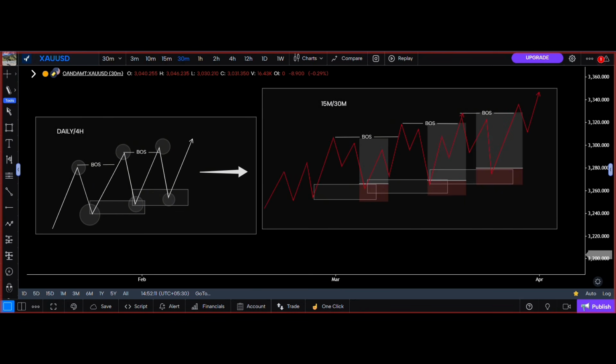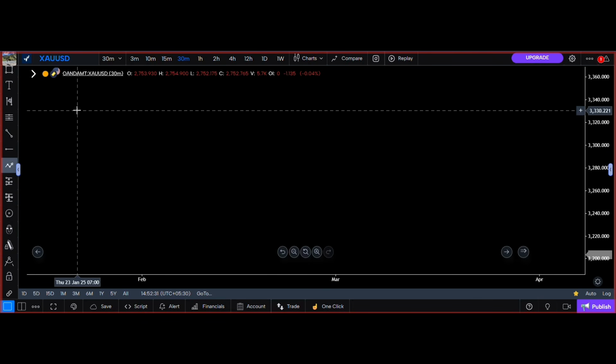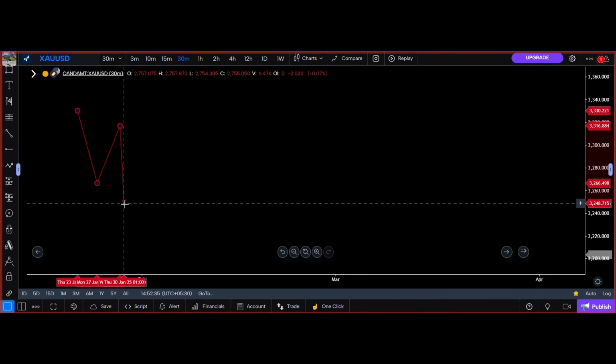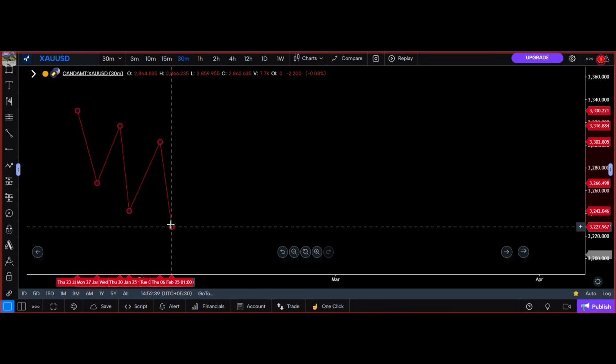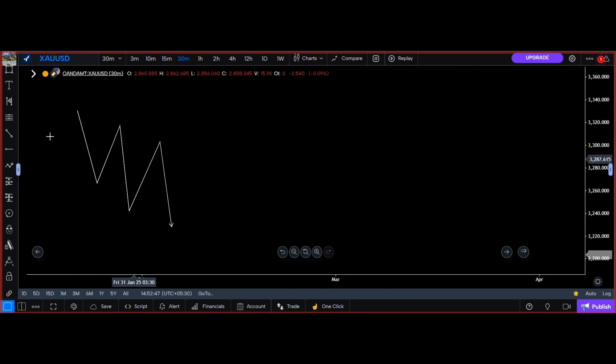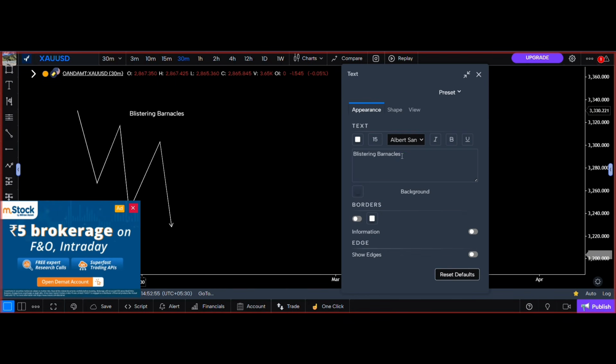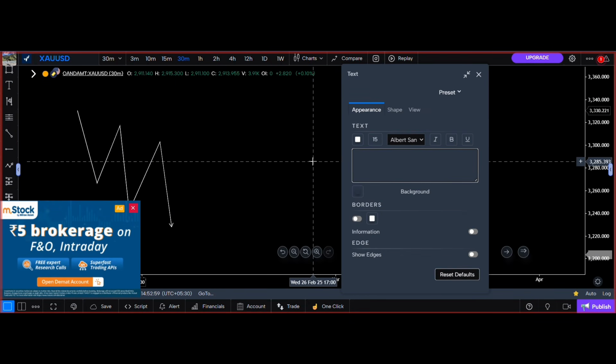The same thing happens in a bearish move. Daily and 4-hour time frame.